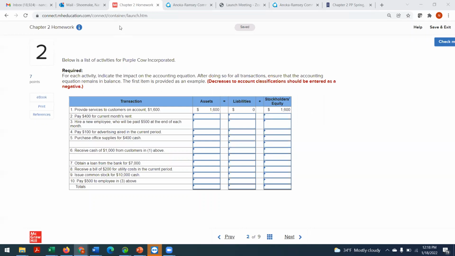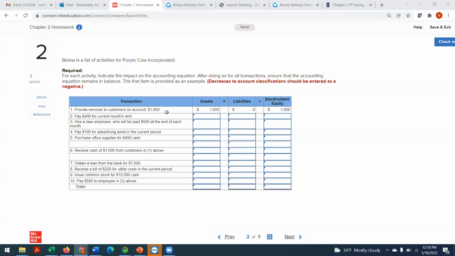You guys ready? Okay. So when we pay $400 for the current month's rent, let's think of the two accounts that we'll be using here. What is the account we're going to debit? That's an expense.